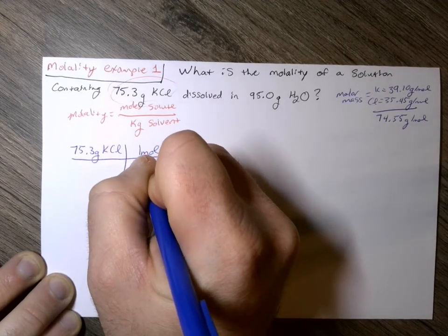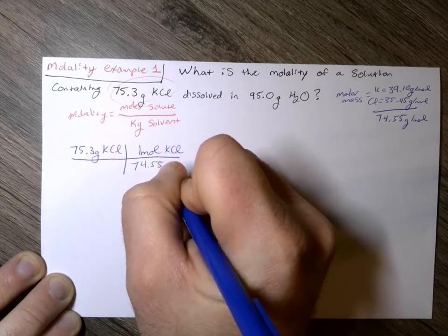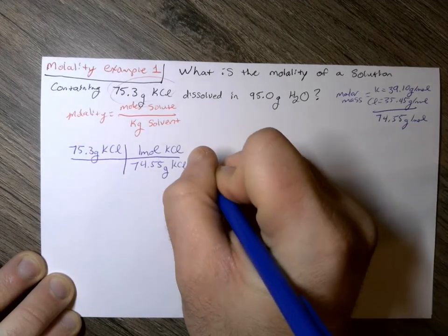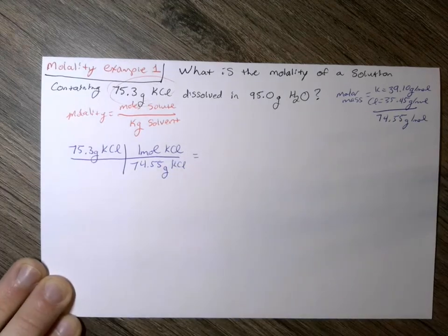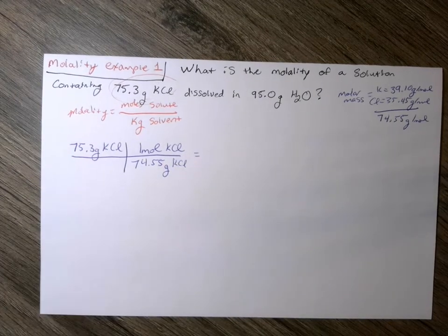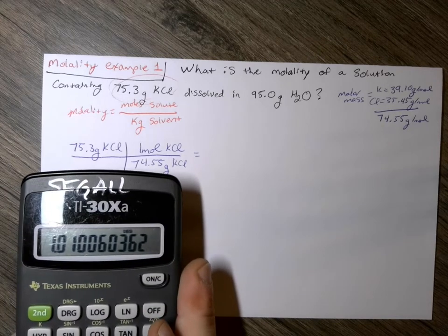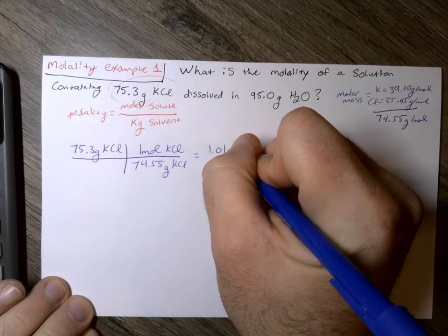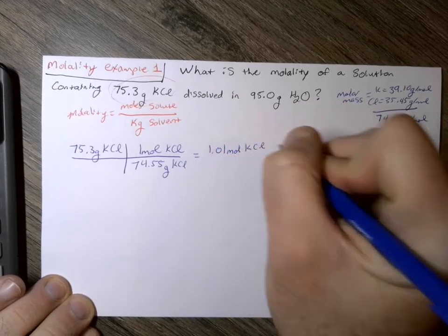So 74.55 grams of KCl for every 1 mole of KCl. So when I do that calculation, 75.3 divided by 74.55, it gives me 1.01. So 1.01 moles of KCl.